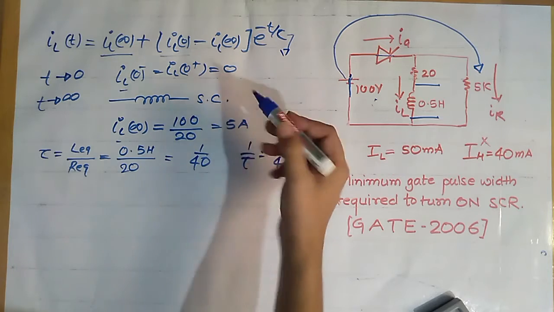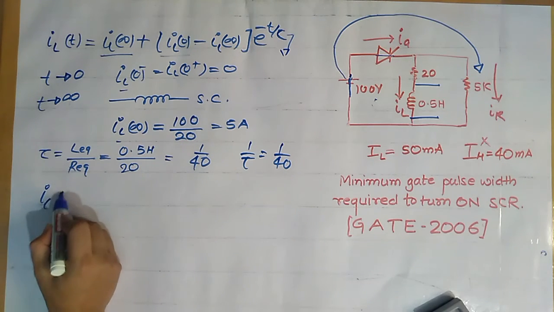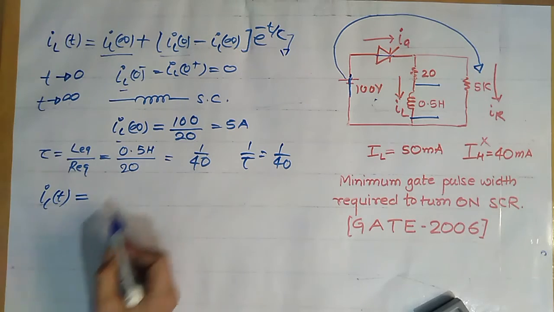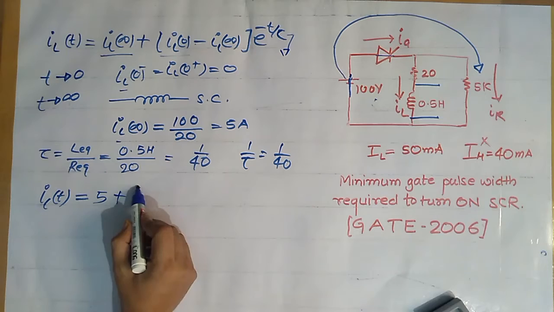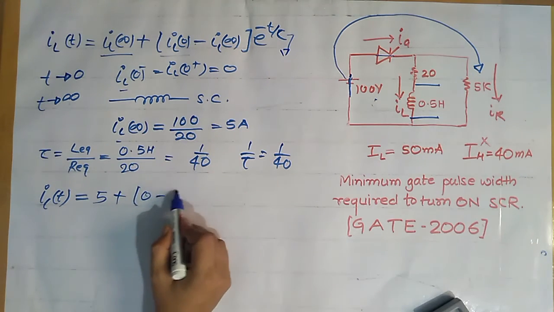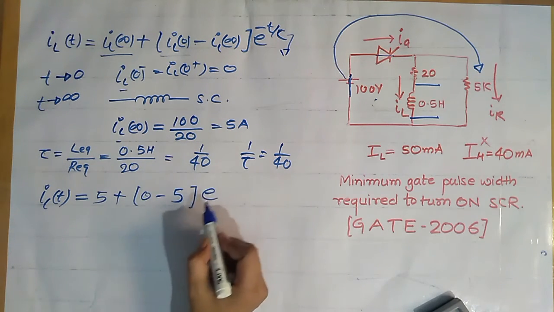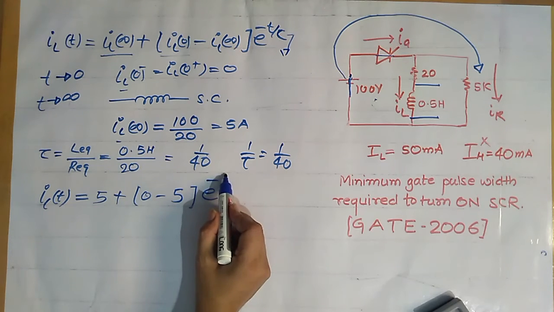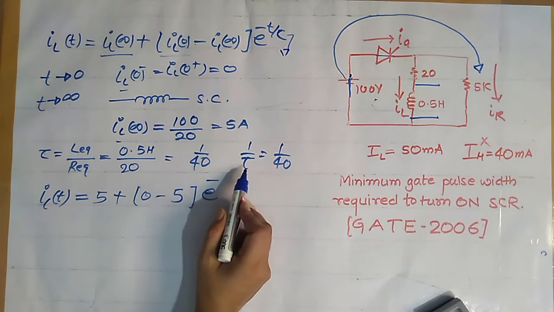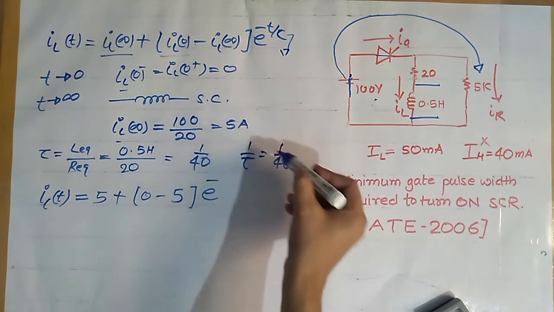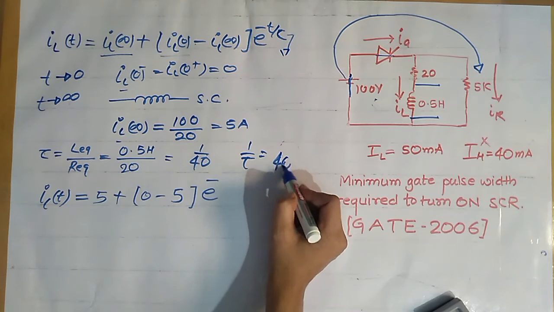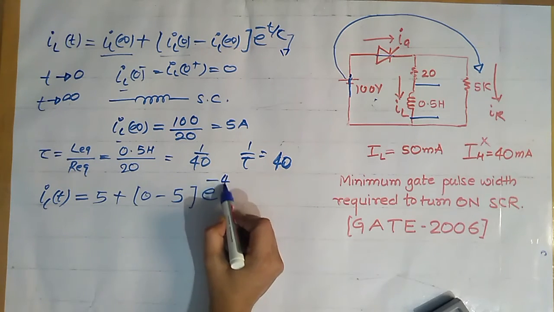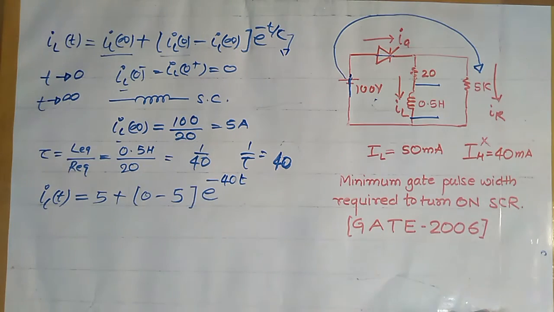Simply putting all these things, we get the inductor current at any time t equal to IL infinity, that is 5, plus 0 minus 5 e to the power minus t upon tau. Since 1 upon tau is equal to 40, that gives minus 40t. Now what is the current through this 5 kilo ohm resistance?